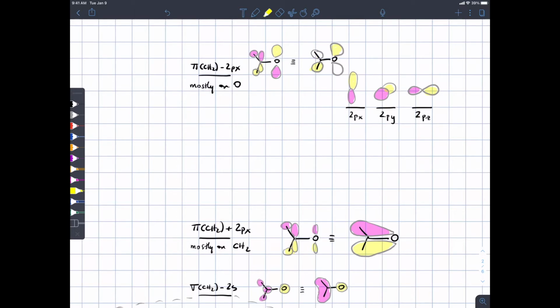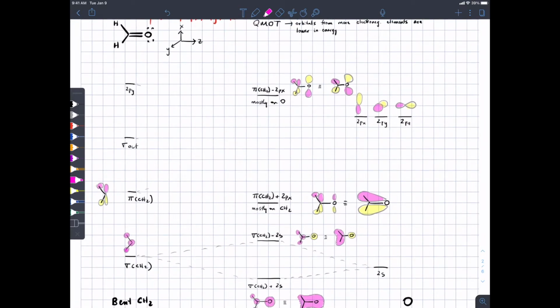Oops. We need to show a change in wave function sign. And it may help us to draw the dotted lines. Okay. Notice this is going to put our pi CH2 minus 2px higher in energy than the pi CH2 minus pi CH2 was for ethylene, and that has to do with the fact that we're mixing the pi CH2 with a 2px orbital that's not involved in bonding.